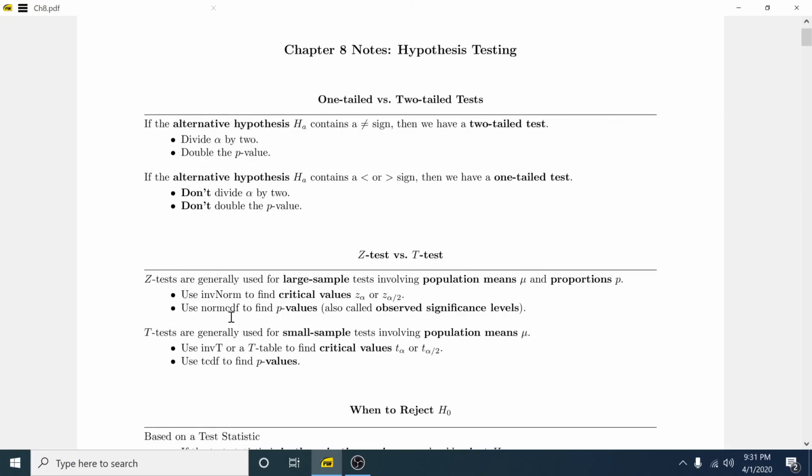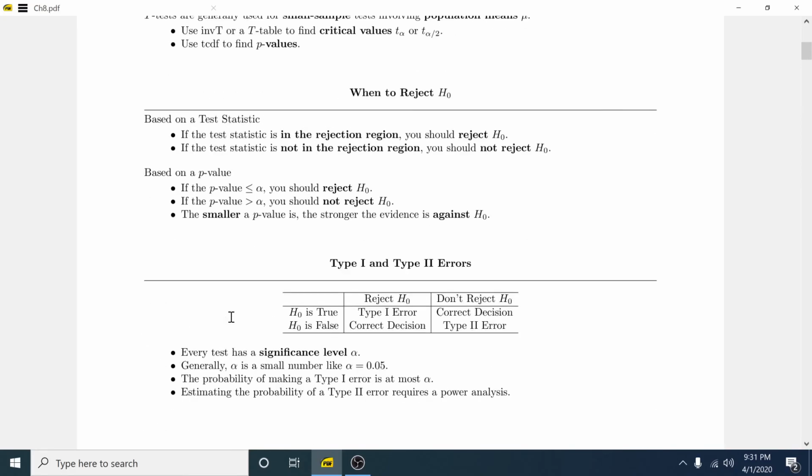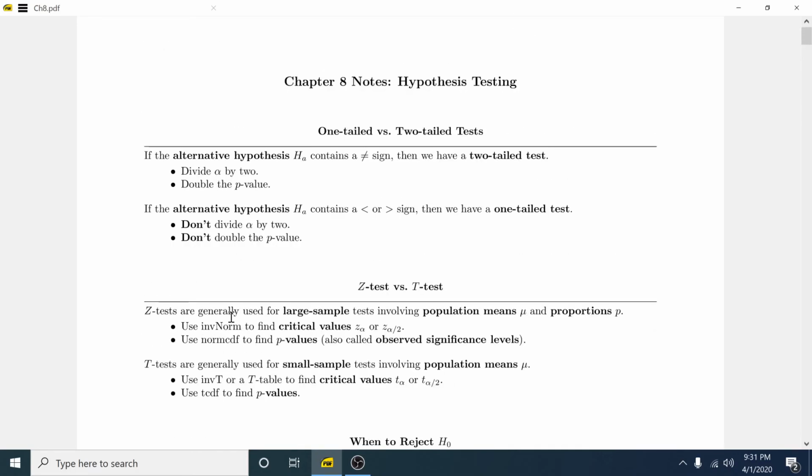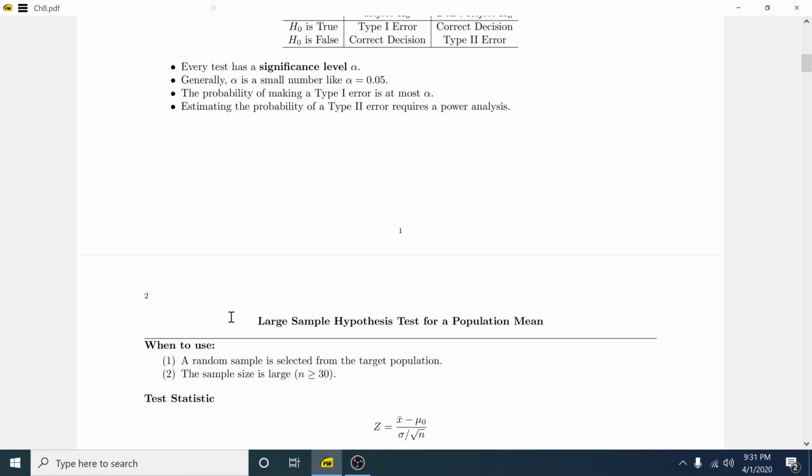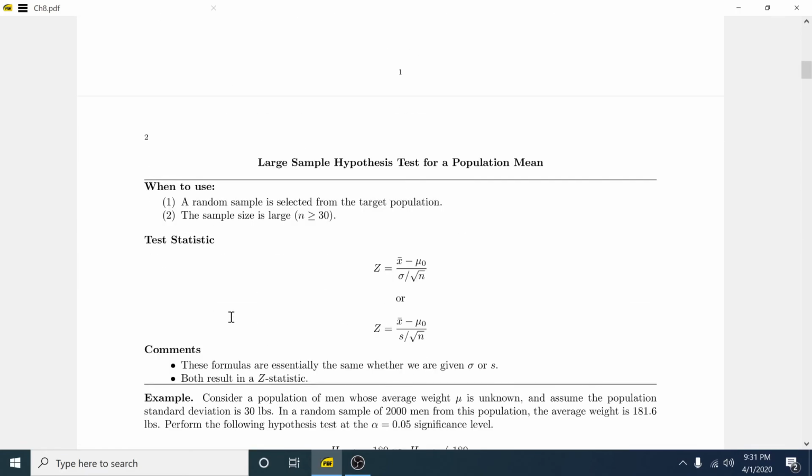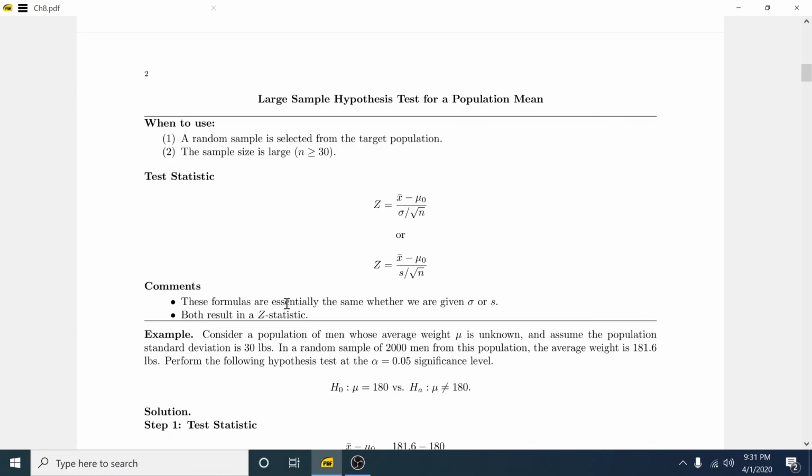Okay, guys, with all of these general principles under consideration, why don't we actually go through and look at the procedures that we're going to do. Hypothesis testing is pretty straightforward once you have the general idea under control. Every hypothesis test we're going to look at is basically a three-step process.